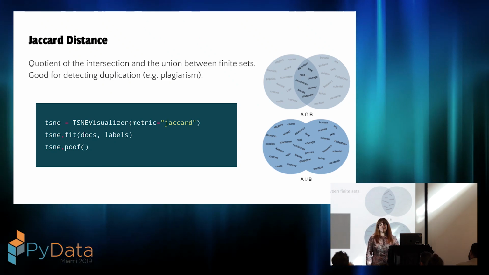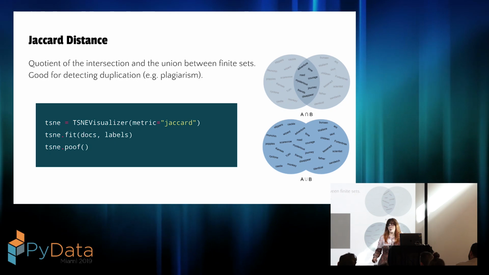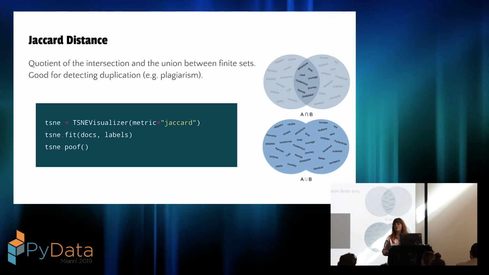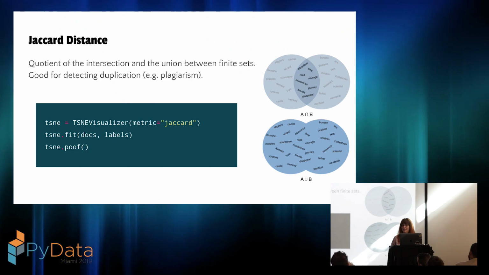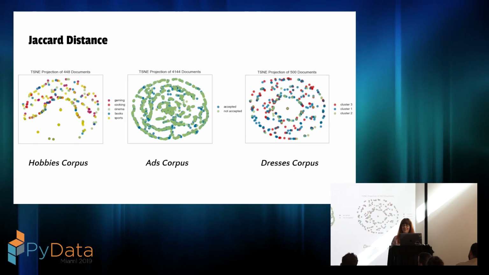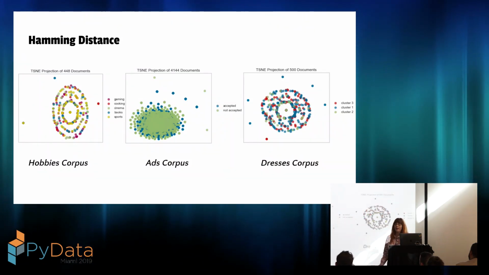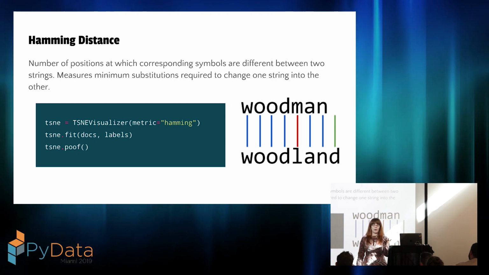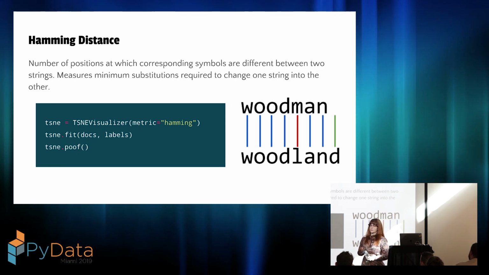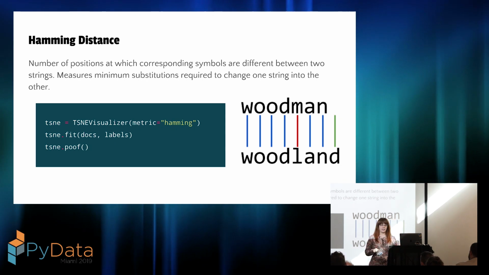So Jaccard is a set distance, so it's very different from metric or vector space. So any intuition? It's a mess, right? And so is Hamming distance. I added these two because people generally will ask about different kinds of set distance or edit distances, because these come up when you're talking about text analytics.